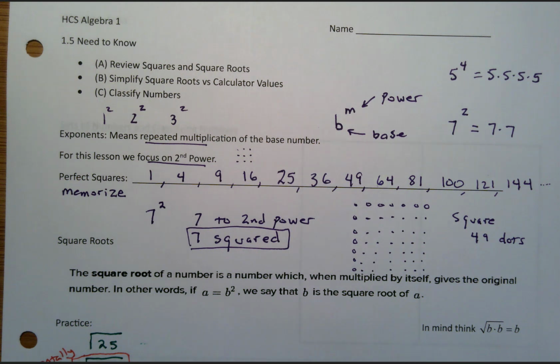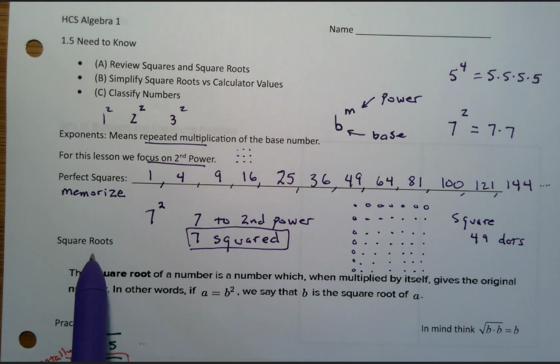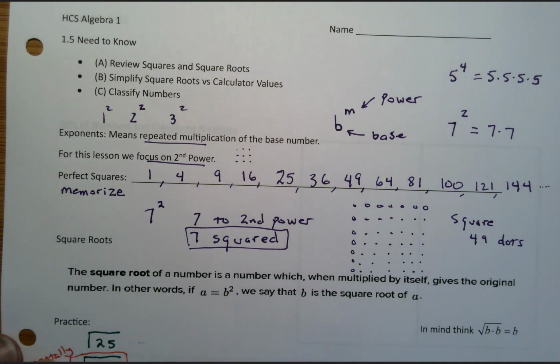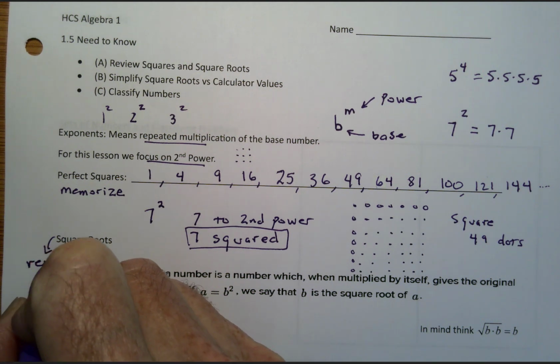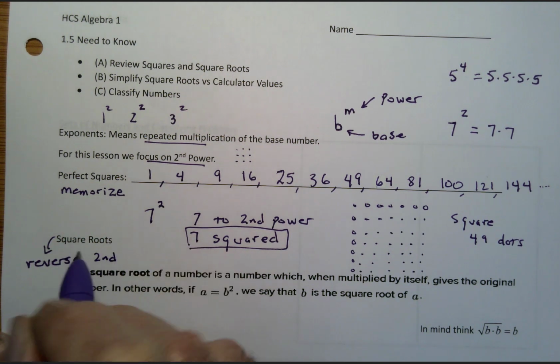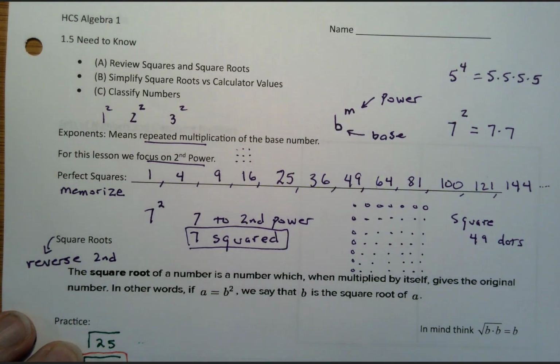Now, why are these numbers so important? Because we can reverse the second power with a square root. So it doesn't say that in here, but loosely thinking, the square root reverses second power. Now that's not a perfect statement, but it's an idea that I think will help you.